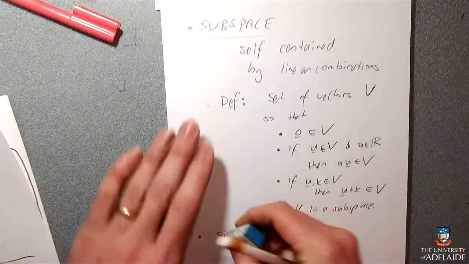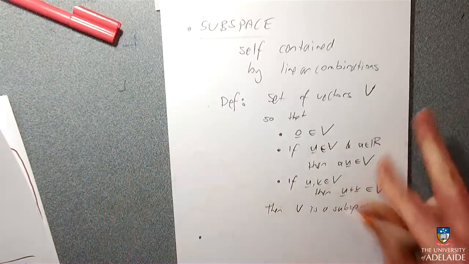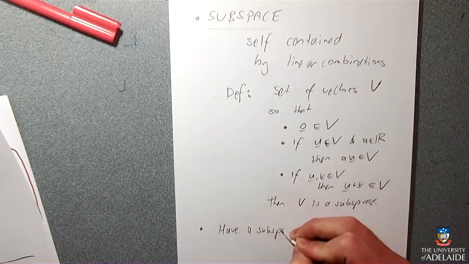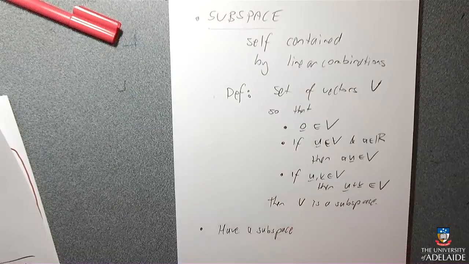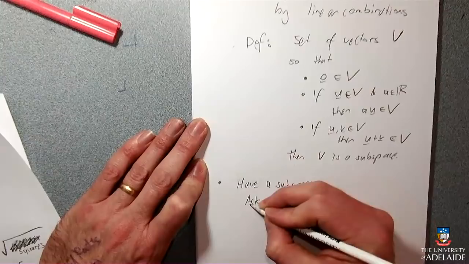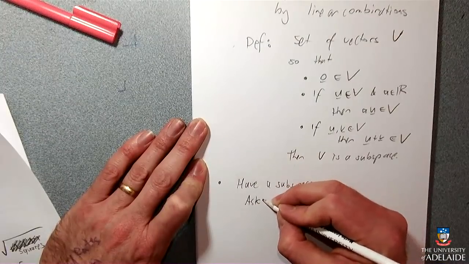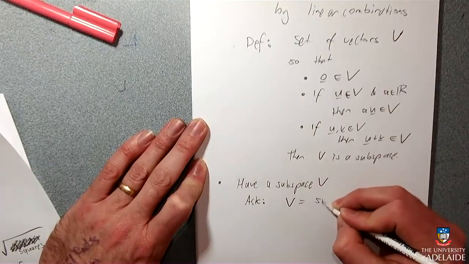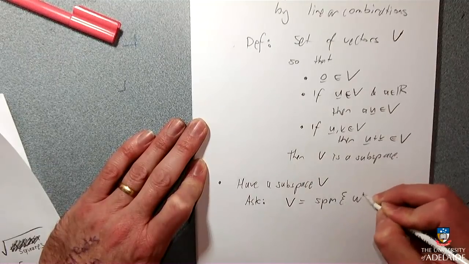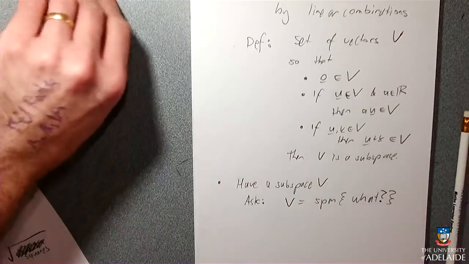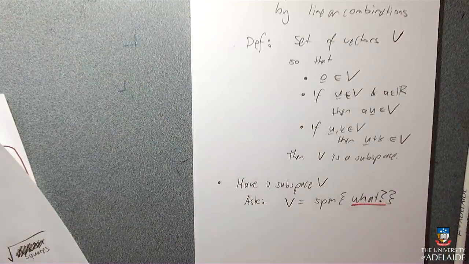So if you have a subspace already laid out for you, let's call it V, and you ask, V is the span of what? What goes here so that you can create V as the span of something?